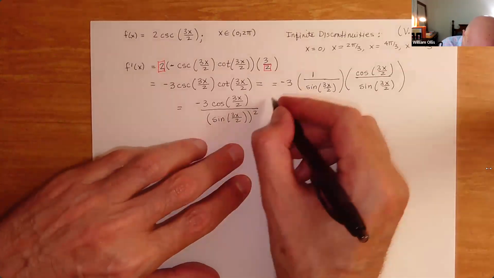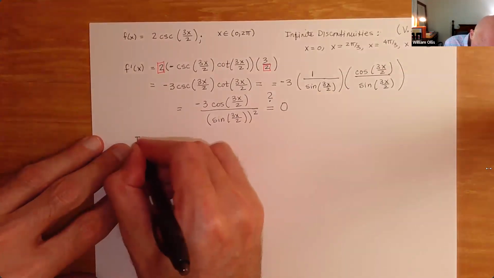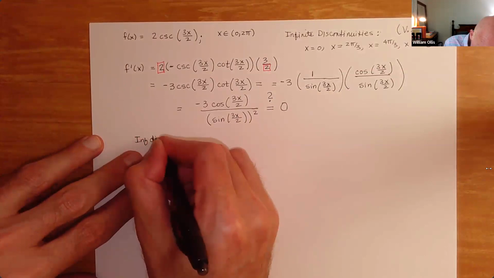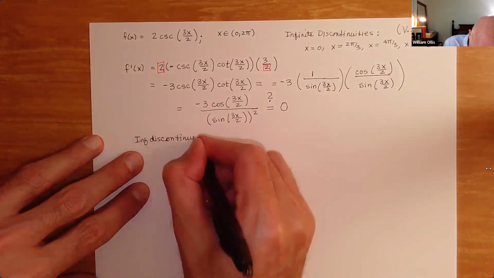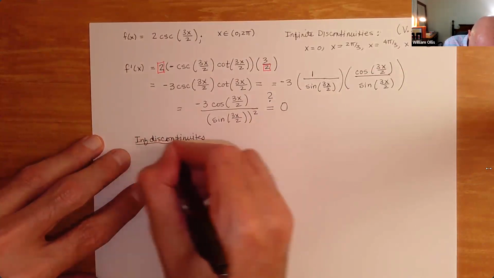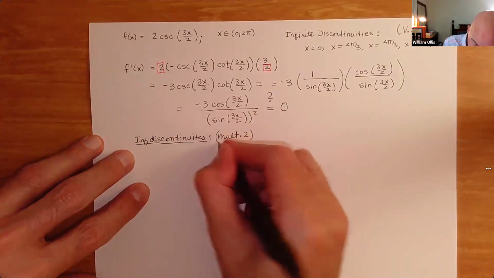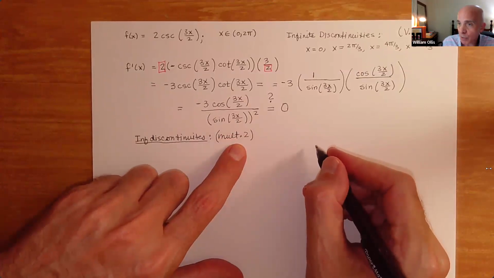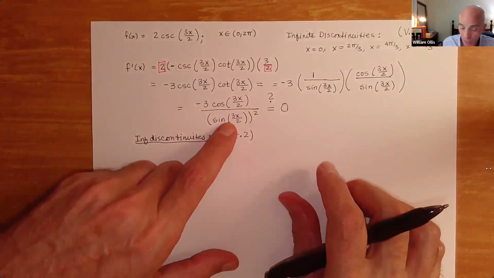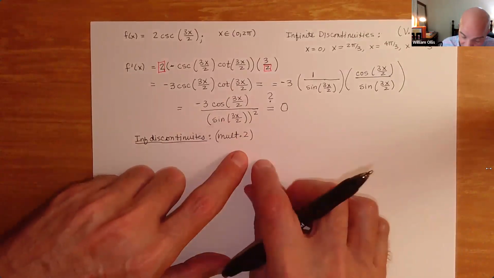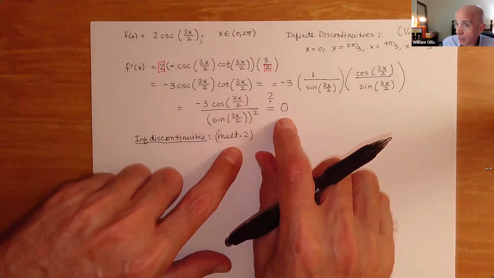So as part of the analysis, the infinite discontinuities have multiplicity 2. That will change the way the sign interacts with the asymptote on either side. The sign does not change, at least for that particular factor.